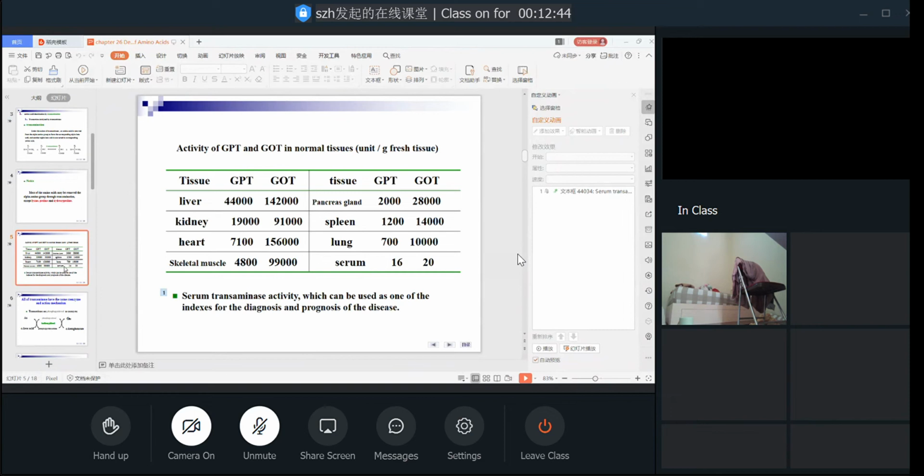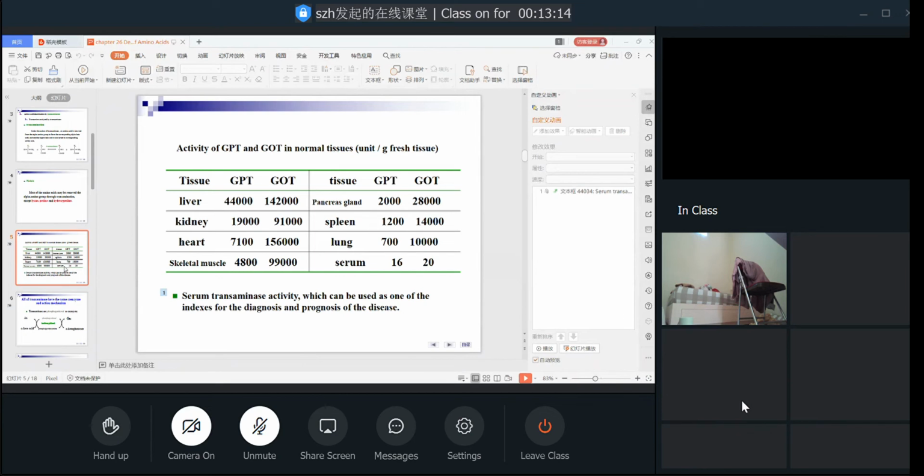And another one: G is glutamate, O is oxaloacetate, T is transaminase. From this table, you see these two enzymes in the liver and in the kidney are very high. But pay attention: in the serum it is very low.